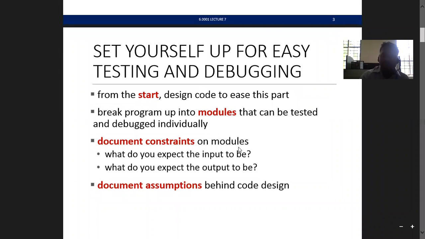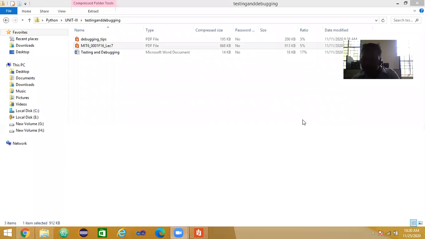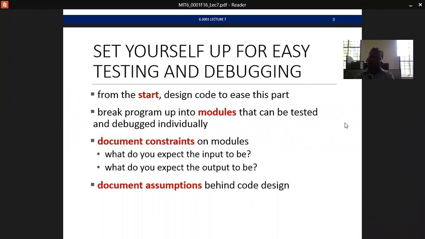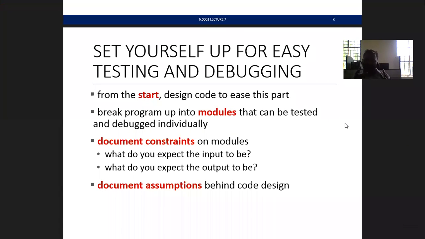And the next point is document constraints on modules. It means that for each module you have to write some conditions and documents like that. What do you expect the input to be? It means he is giving the document constraints on modules, meaning what type of inputs there should be, and what do you expect the output to be.